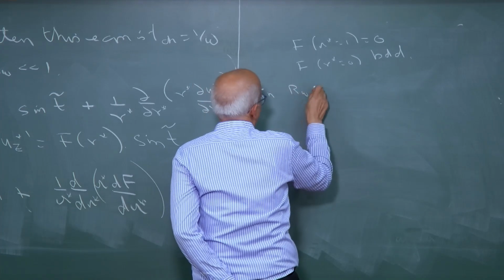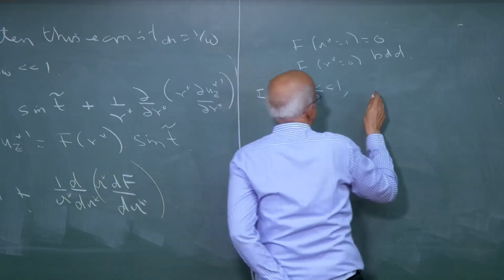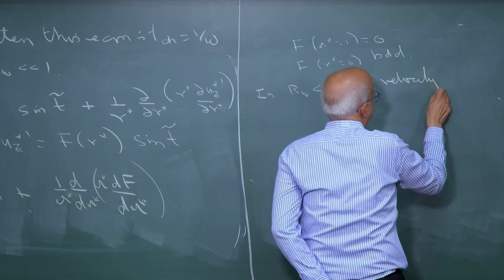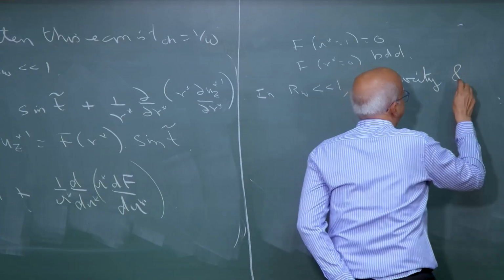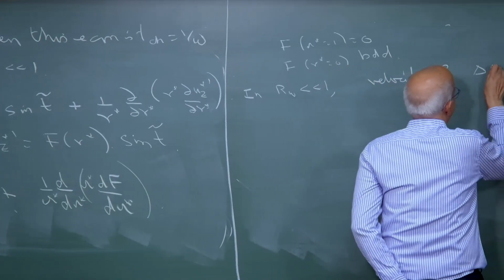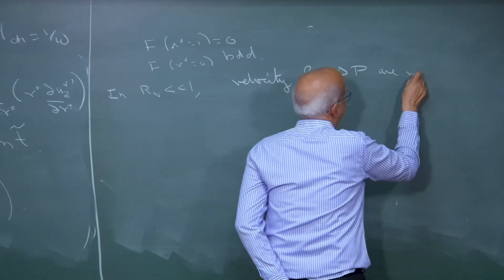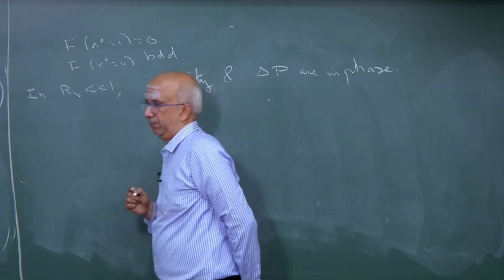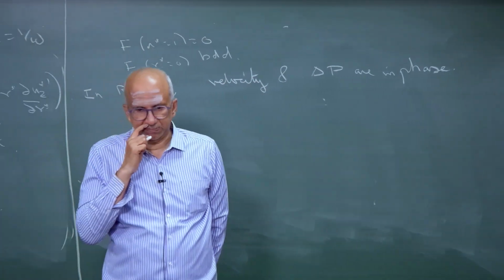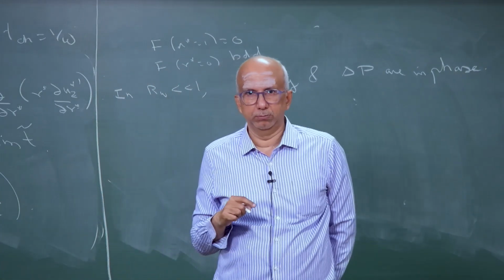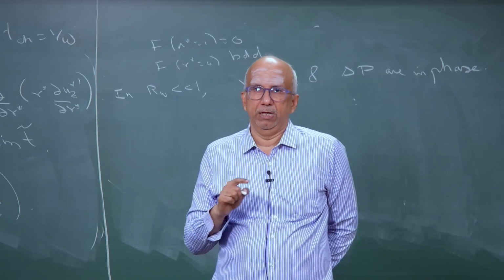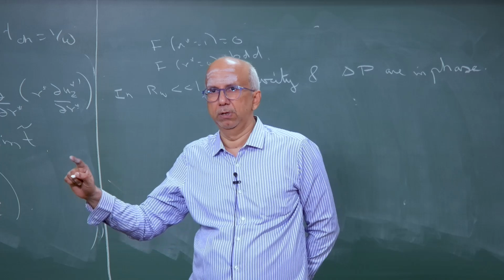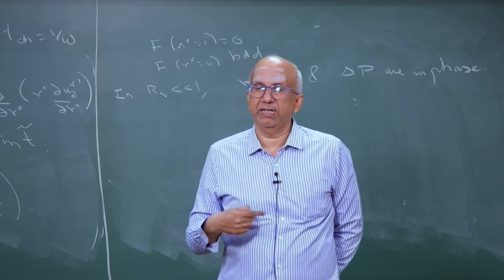Okay. So, in the case where r omega is very much less than 1, velocity and delta p are in phase. So, basically this is a limit where omega is very small, r square omega by nu, okay, and so the pressure drop is varying very, very slowly, and momentum diffusivity is very, very fast.